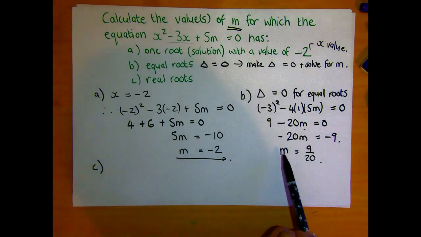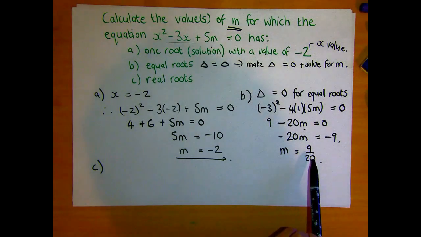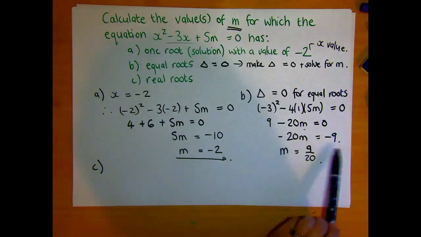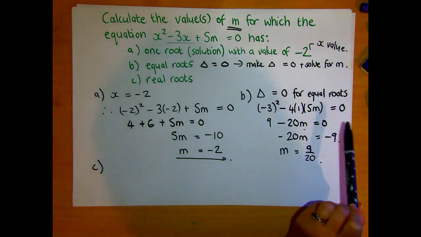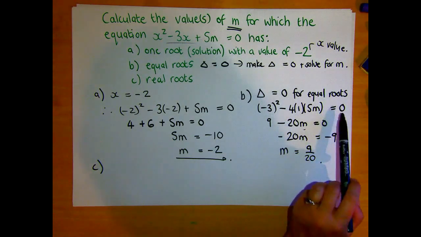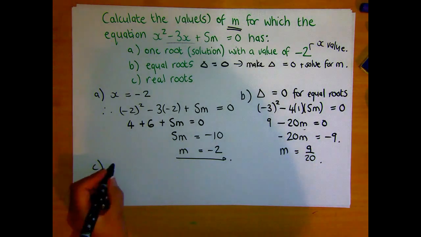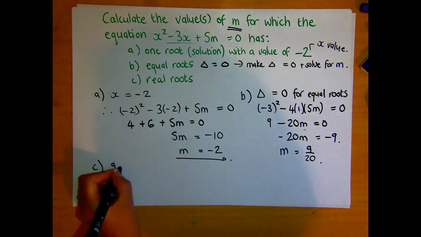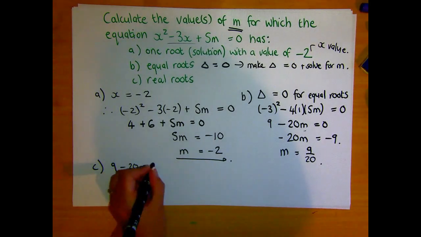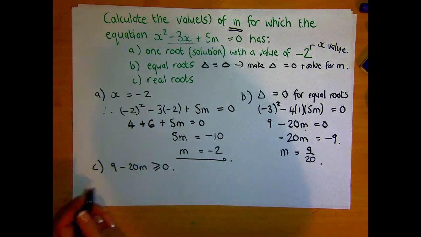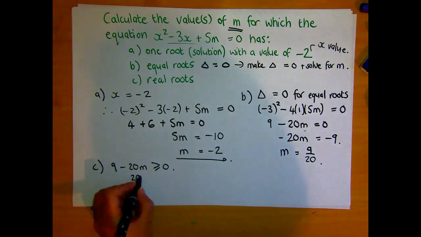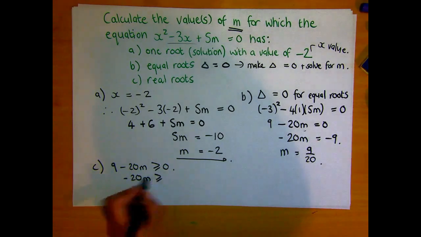Here I had m is equal to 9 over 20. Now, at this stage of it, if I was making this positive or equal to 0, so let's just say I've worked it out, and I've got 9 minus 20m, and it's greater than or equal to 0. Okay, and then I start moving things across here, right?